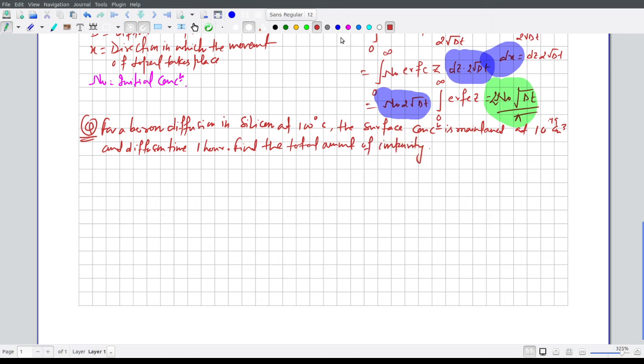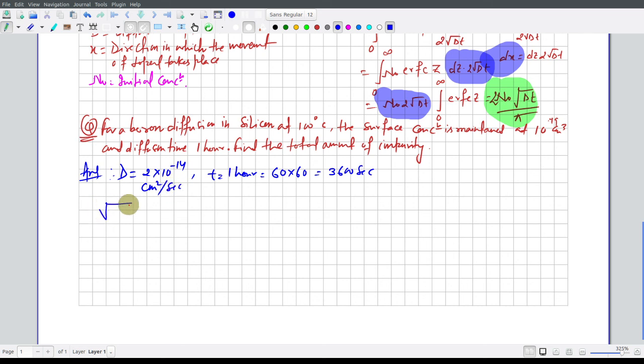So basically this is the question. What do we have to do? Very simple. What are the given items? Given is your D value, the diffusion coefficient, 2 into 10 to the power minus 14, for a time of 1 hour. 1 hour in seconds is 60 into 60, so 3600 seconds, and D has the unit of centimeter square per second.